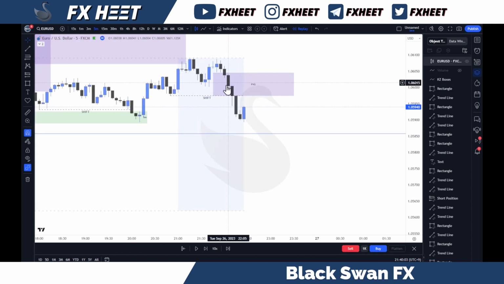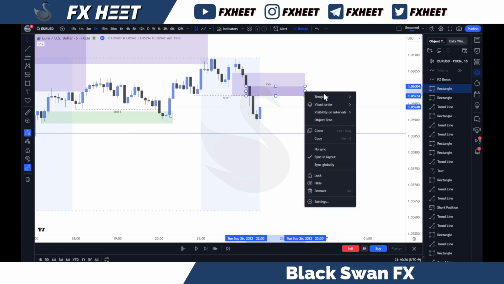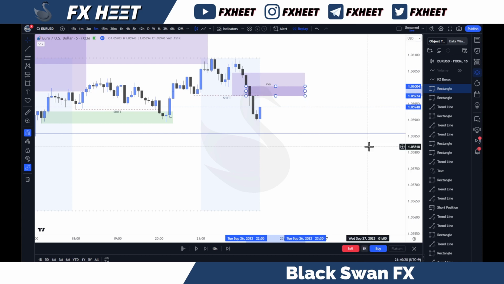Tiny fair value gap here, one in the middle and one at the bottom. Could come to this fair value gap, but if we want to get in the trade, the one we should be targeting is this one. The last open fair value gap is most likely to be hit.